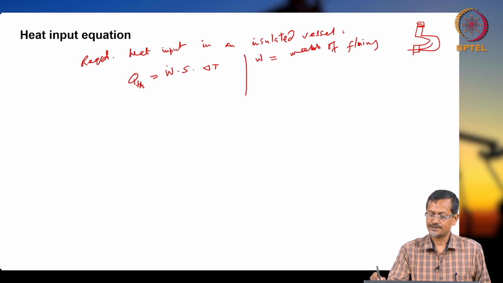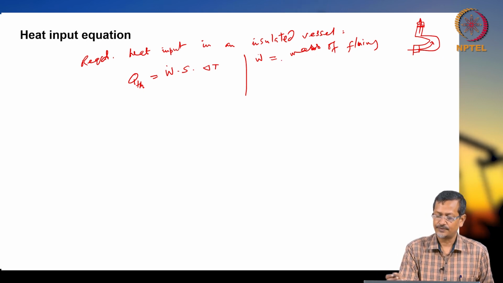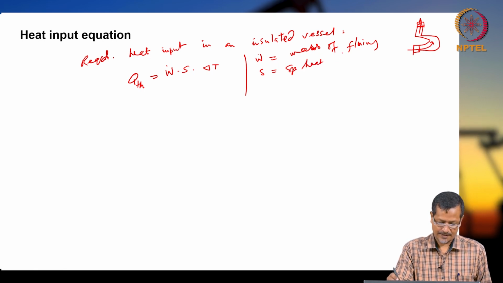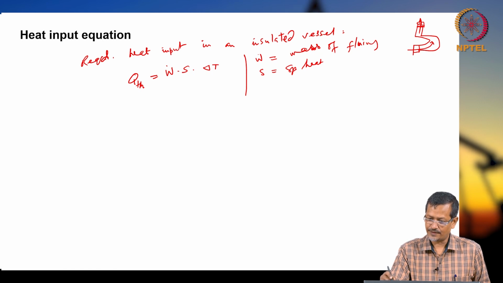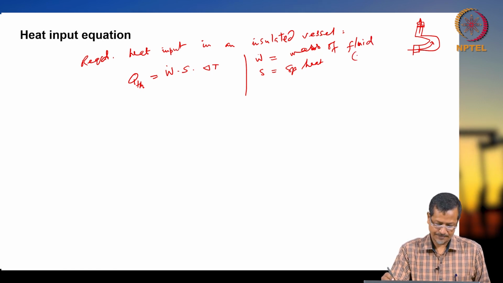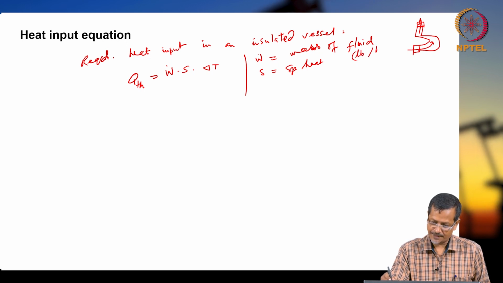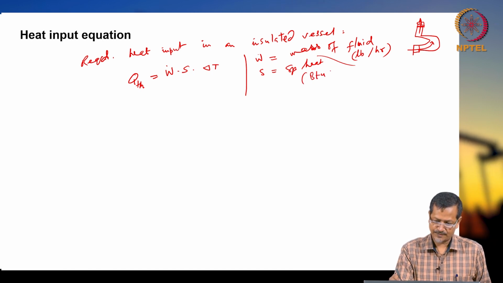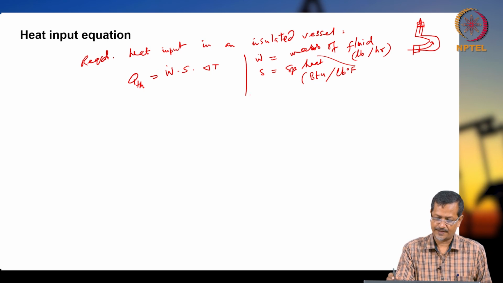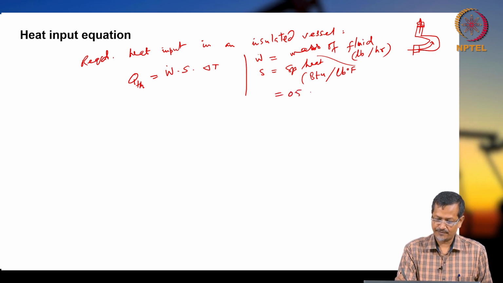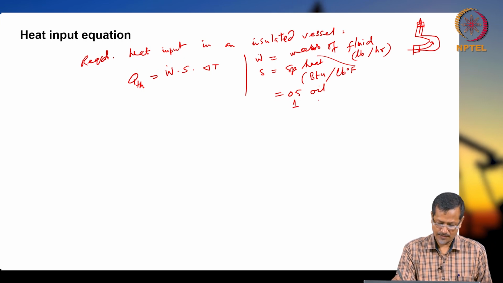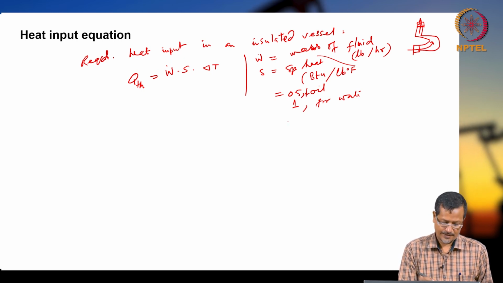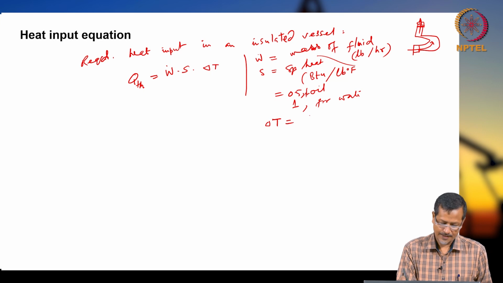The mass passing through this fire tube is W, and S is specific heat. The unit of mass of fluid will be pound per hour. The unit of specific heat will be BTU per pound degree Fahrenheit, and it will be 0.5 for oil and 1 for water. And del T is the temperature increase.